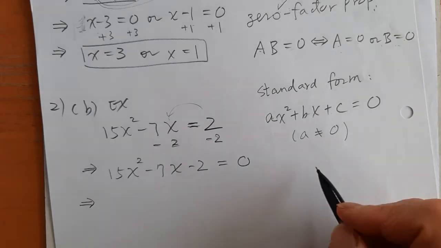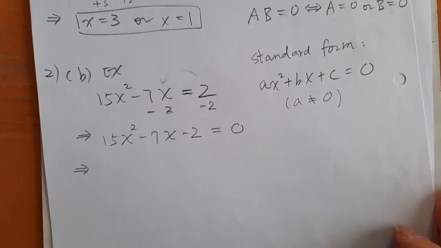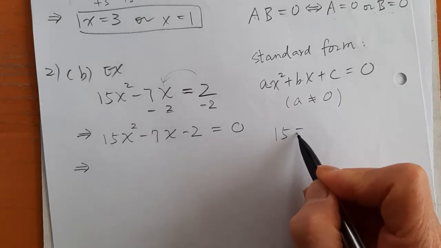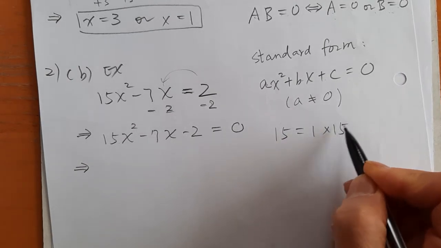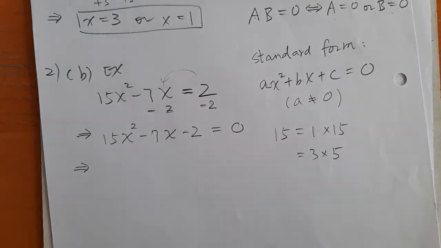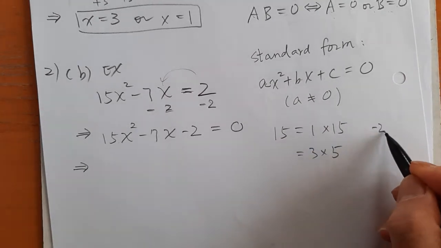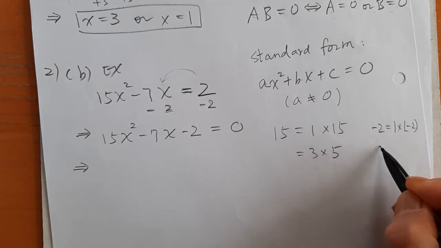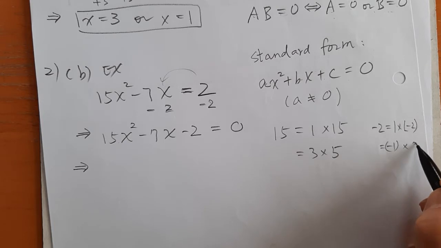Now you can use the trial method. 15 we can factor as 1 times 15 or 3 times 5. Negative 2 we can factor as 1 times negative 2 or negative 1 times positive 2.